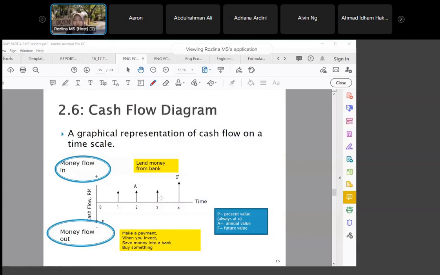After this, you will get various case studies and you have to transfer. Okay. And A is the annual value. And then F is the future value, or we call it salvage. F, future value.